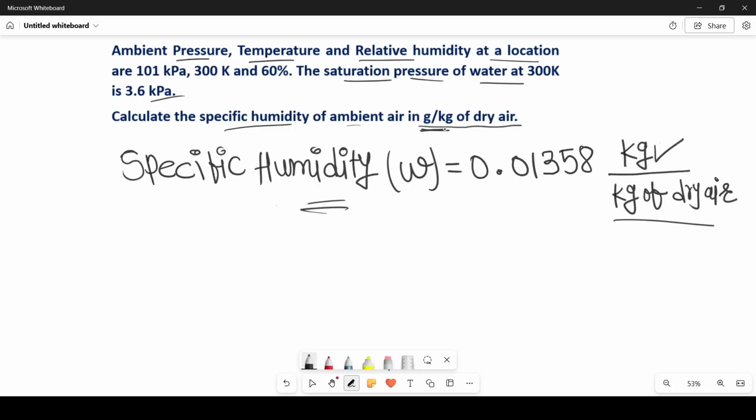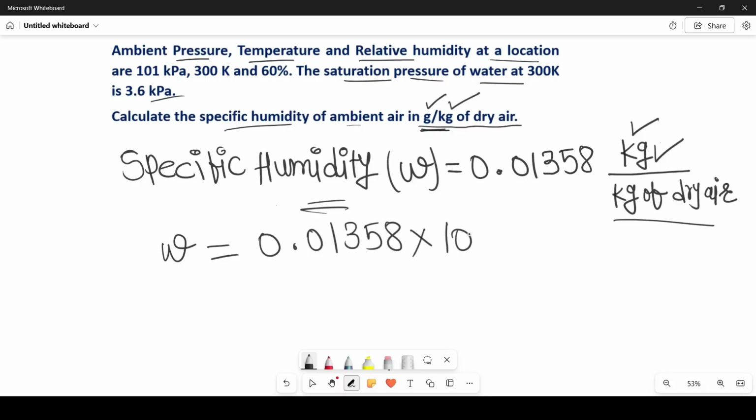The question is asking us to calculate specific humidity in terms of grams per kg of dry air. So if we want it in grams per kg of dry air, we can write specific humidity is equal to 0.01358 multiplied by, instead of kg, 1 kg is 10 raised to 3 grams, so I will write 10 raised to 3 grams per kg of dry air.